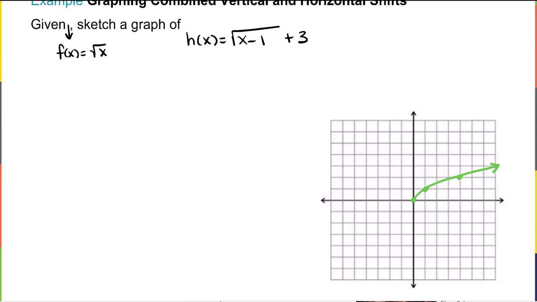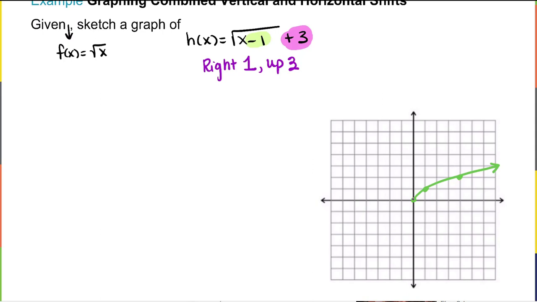This right here tells us we're going to go right 1. And then this tells us we're going to go up 3. So each point we're going to go right 1 and up 3.